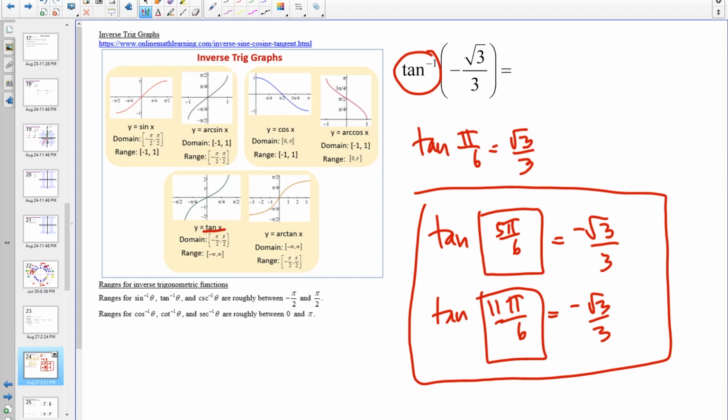It's bounded between negative pi over 2 and pi over 2. So the inverse tangent value is bounded there. So where would I see that? Yeah, right here, negative pi over 2 and pi over 2, okay? So that means I have to choose the answer that's between negative pi over 2 and pi over 2.